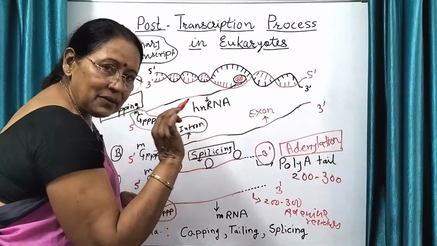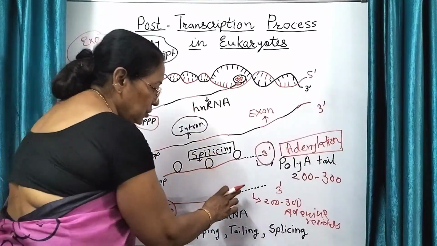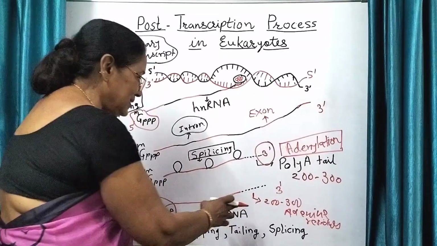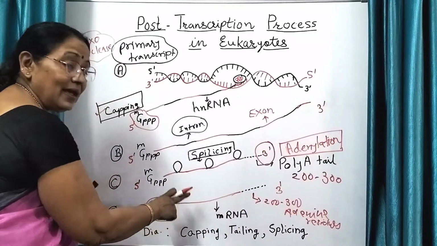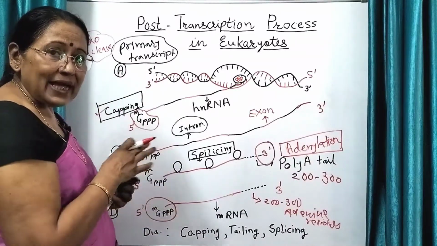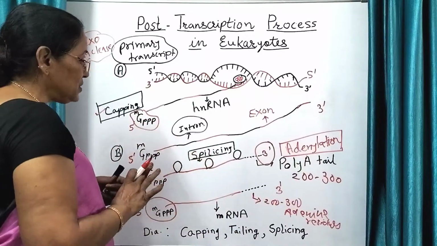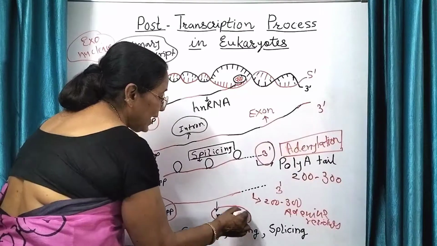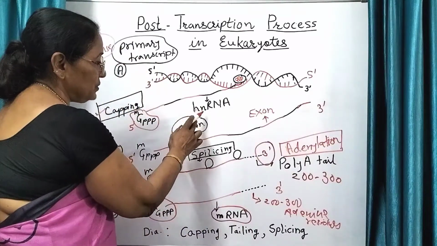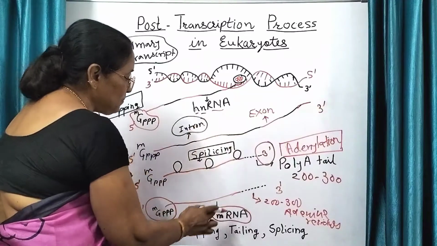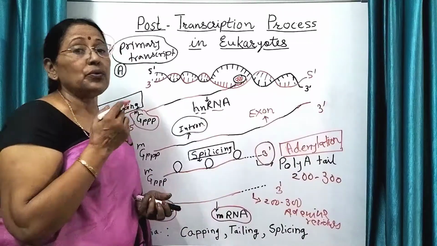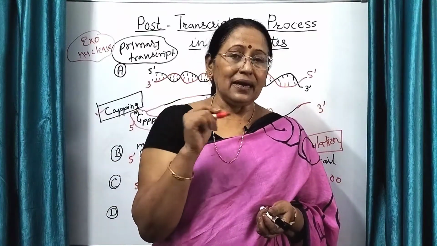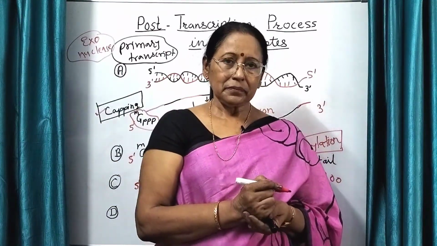The part drawn in dotted line shows the many adenine residues. Here you do not see any introns, which means they have already been spliced off. Now this is called mRNA. It has changed from heterogeneous nuclear RNA into mRNA, which is ready to do translation, and it will be transported out of the nucleus.